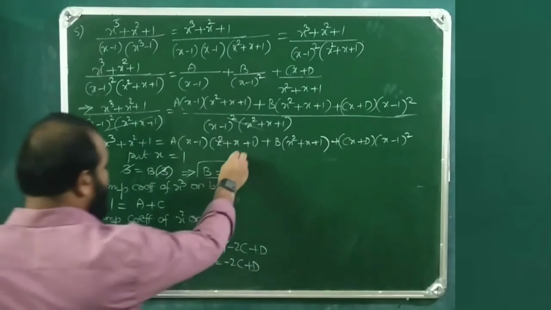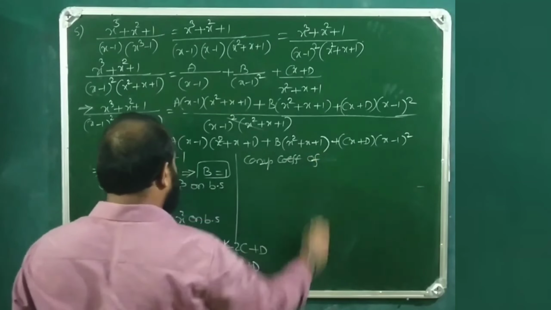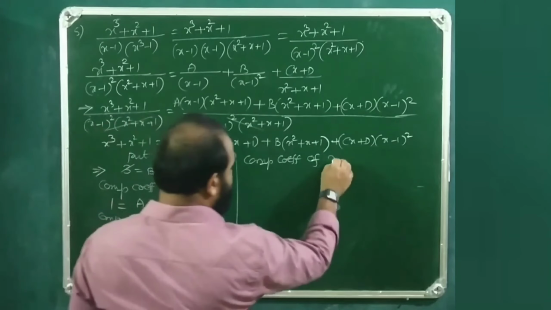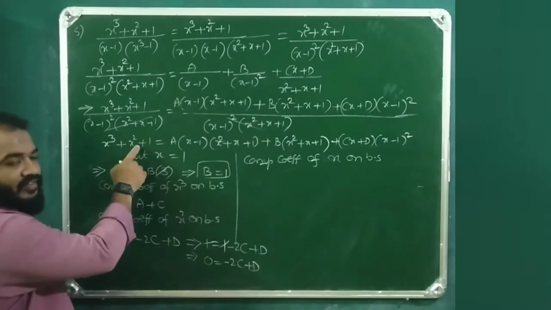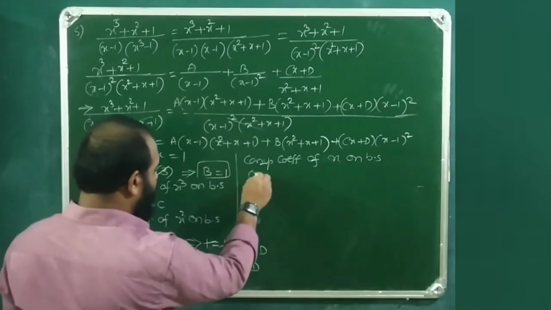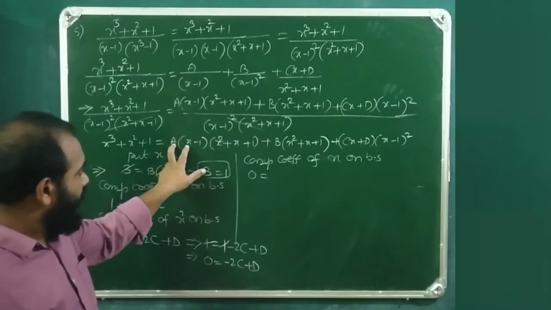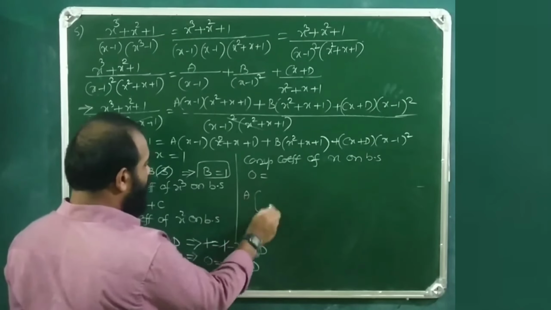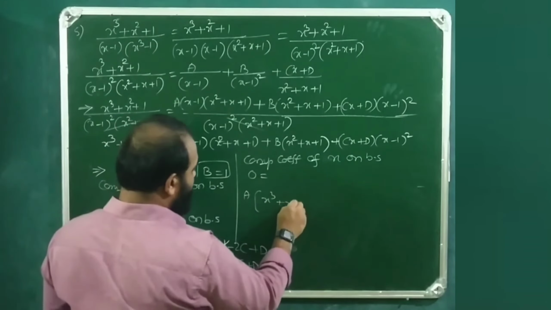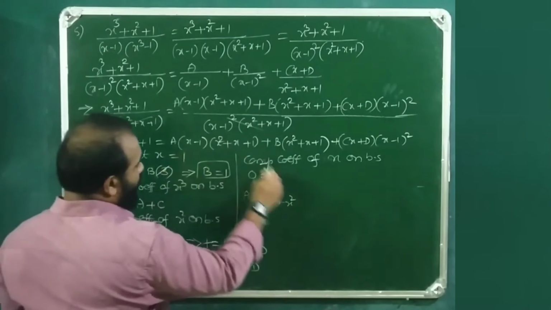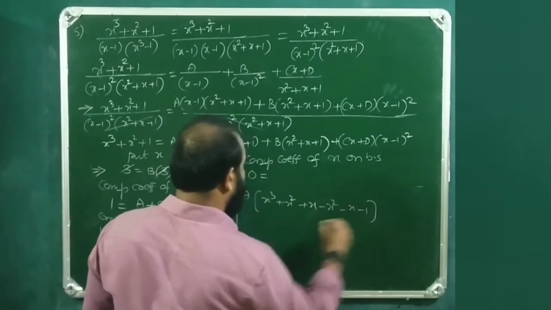Now comparing the coefficient of x on both sides. Here we don't have the coefficient of x in the LHS. So here a into x into x² is x³, x into x is x², x into 1 is x, minus x², minus x, minus 1.